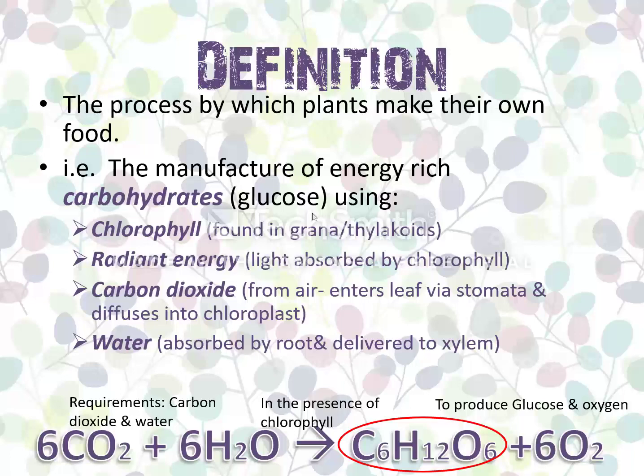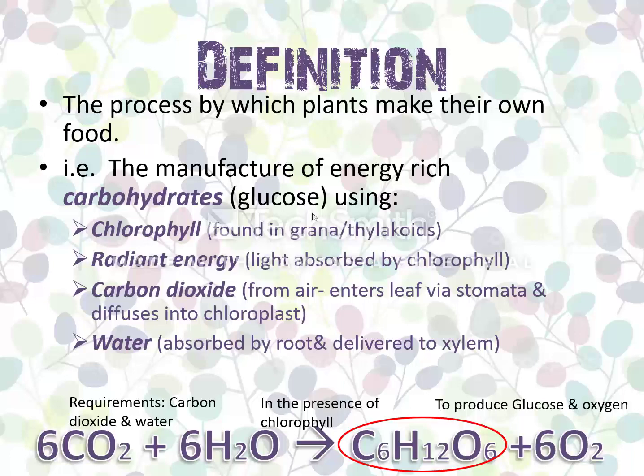So if we look at photosynthesis very quickly, we said in grade 8 that it's the process by which plants make their own food. Now, in grade 11, we cannot answer a question like that. Plants don't eat food. They consume glucose to make energy. So we cannot word it like that.